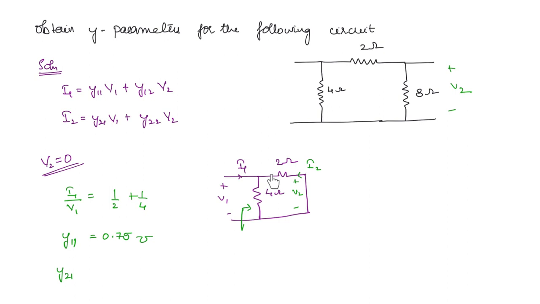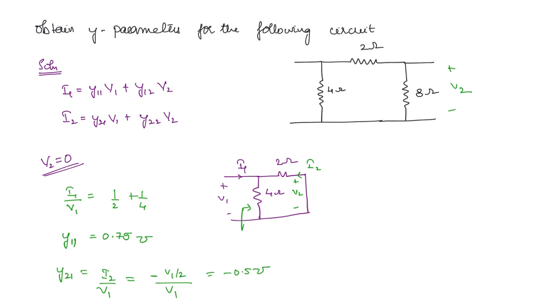This is the positive polarity and this is the negative polarity, but I2 is entering the negative polarity, right? So you will have a negative sign. So Y21 is equal to I2 by V1, which is going to be I2, you can write in terms of the voltage as minus V1 by 2 divided by V1. So you're going to get minus 0.5 mho.